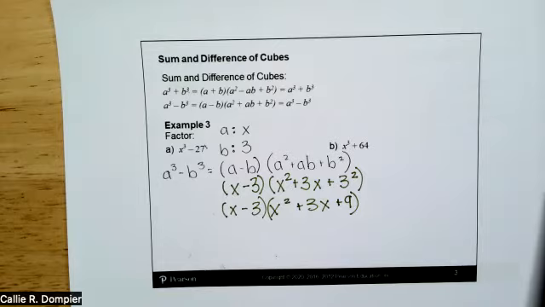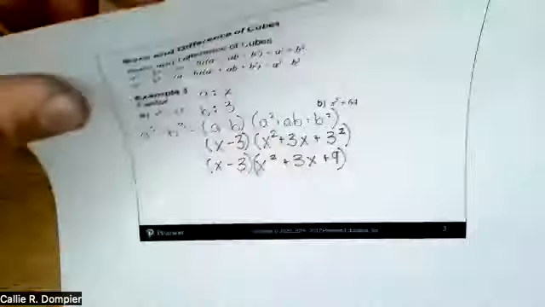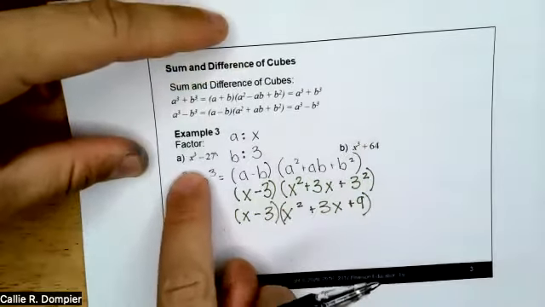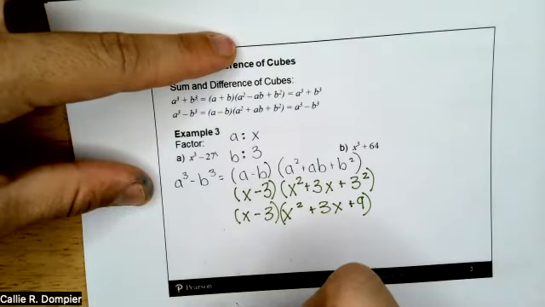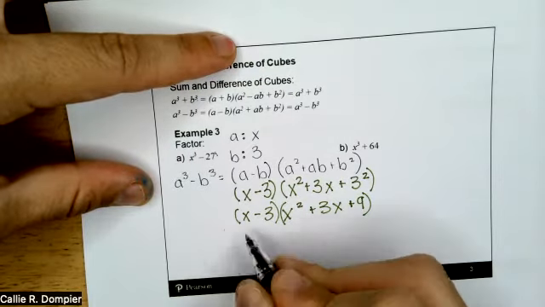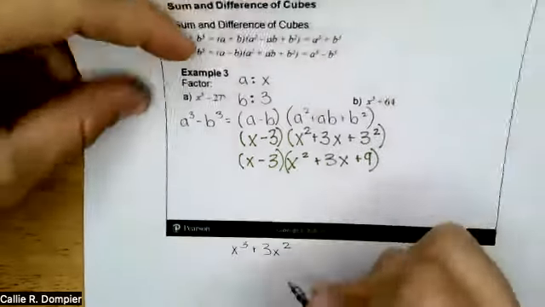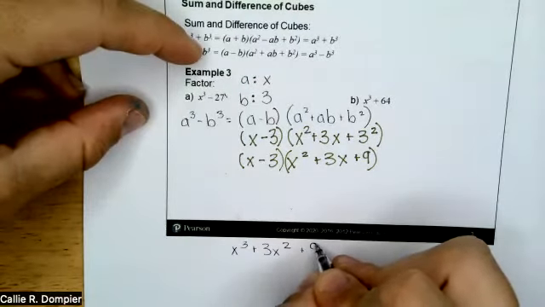All right, and I can even show you how this works out backwards. So if I distributed the x and the negative 3, I'm going to get back to x cubed minus 27. x times x squared is x to the third. x times positive 3x is positive 3x squared. x times a positive 9 is 9x.